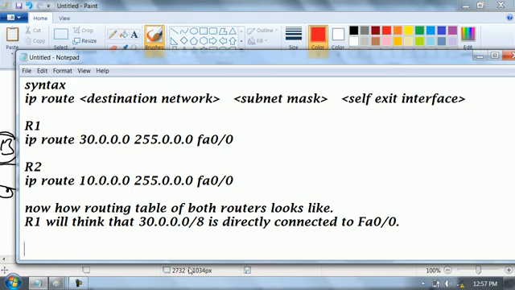So R1 will treat both in the same way. R1 will say 20's network and 30's network are both directly connected to my FA0/0. And R2 will also think that 20's network and 10's network are directly connected to FA0/0. Agree?